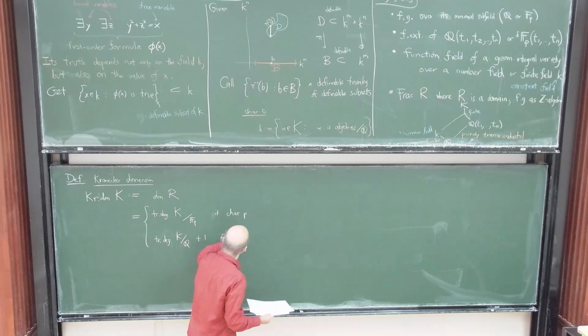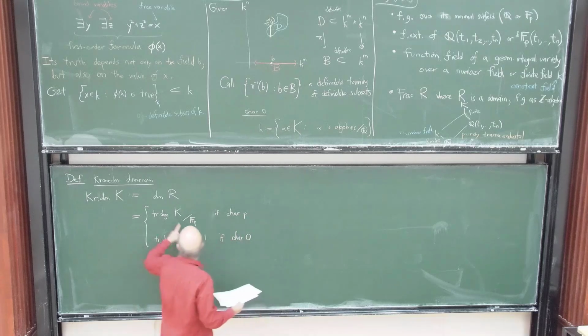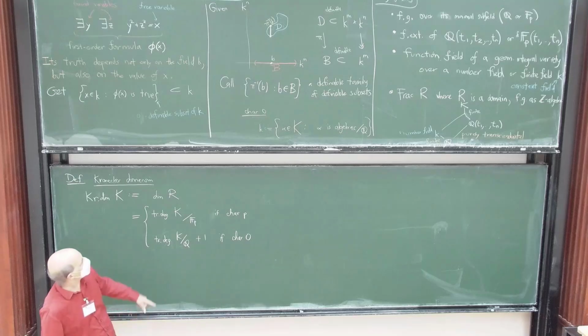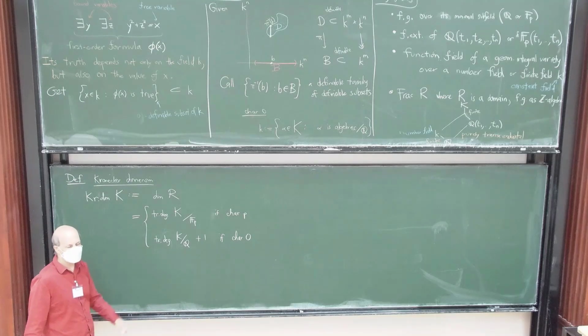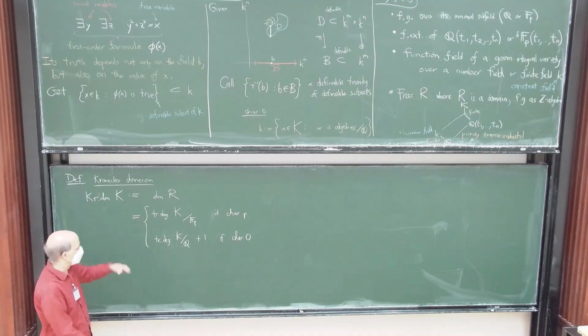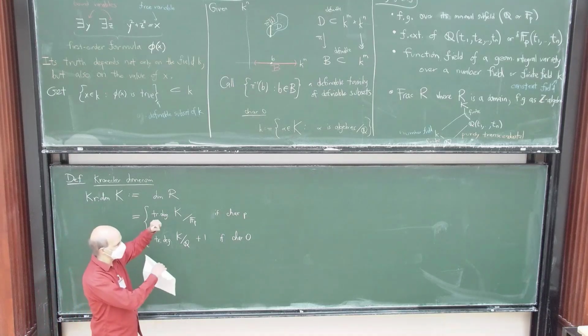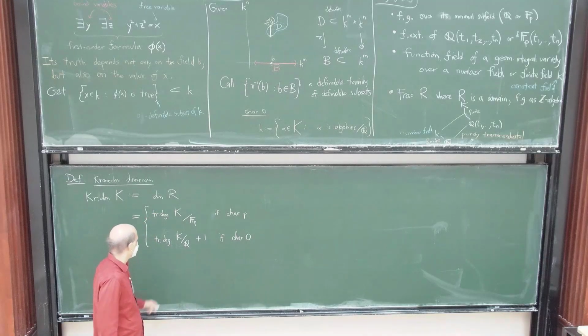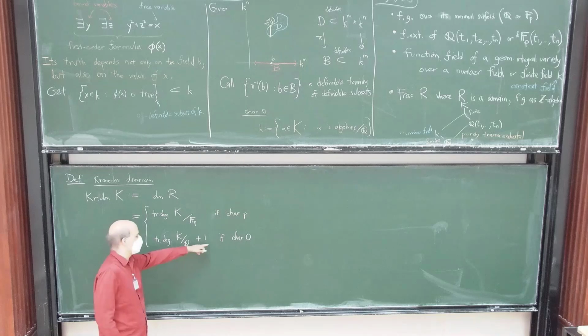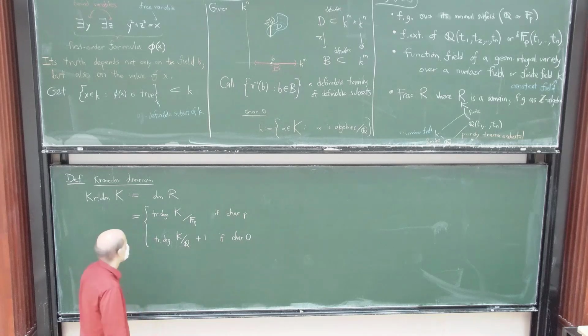The reason for doing that is, suppose that K is just Q itself. Then Q is the fraction field of Z, but the dimension of Z as a ring is 1, because you have a chain of prime ideals: the 0 ideal and then a prime p. So that's why you add 1 in this case.